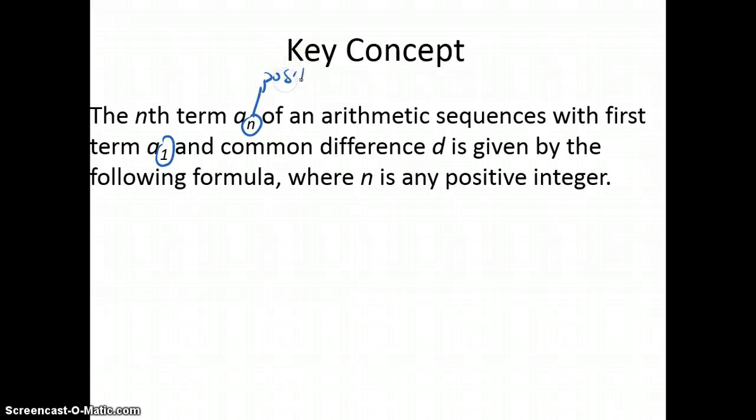The first term is a sub 1, the second term would be a sub 2, and if we have an nth term, you have a sub n. If we have the first term and a common difference, which is d, it's given by the formula where n is any positive integer. All this is saying is that we move from first, second, third. We're always using a positive number when we're talking about the position of this number.